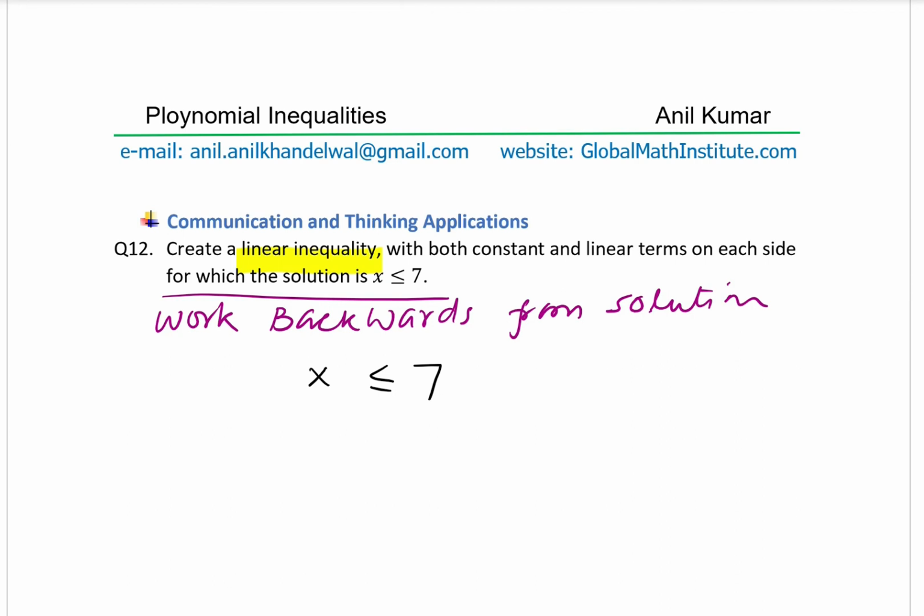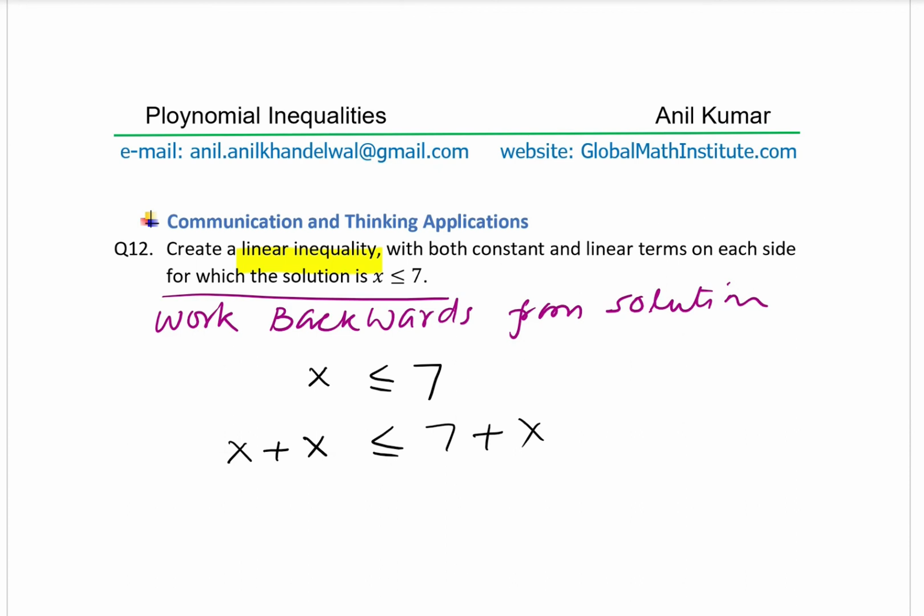So what we can do here is add the same terms on both sides, and so we can provide a linear inequality. In this case, we can just say x plus x is less than or equal to 7 plus x. We're just adding x on both sides. We can add a number also, right?